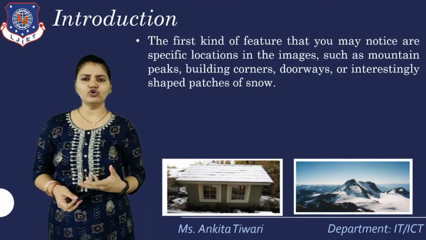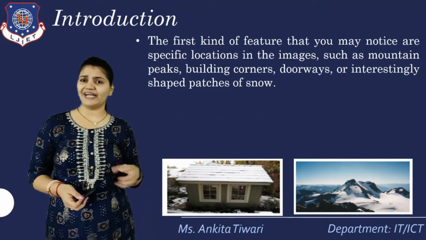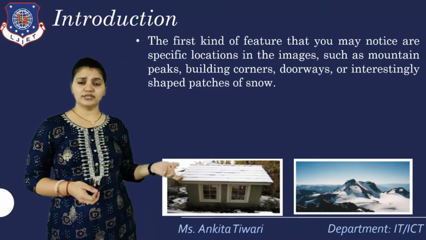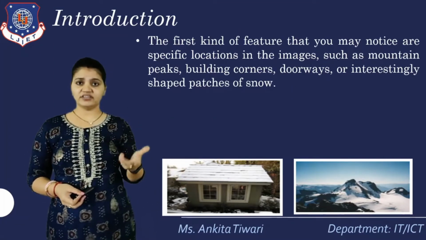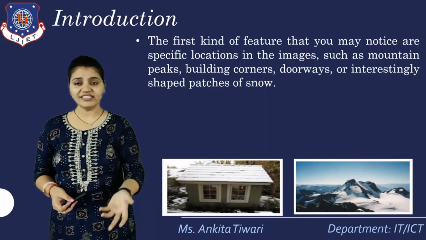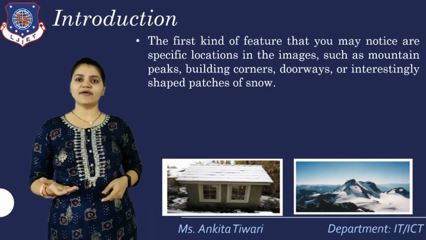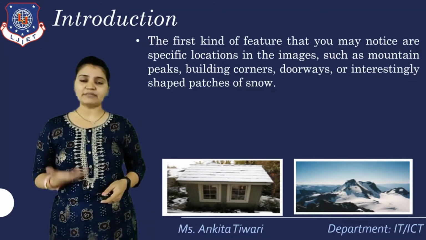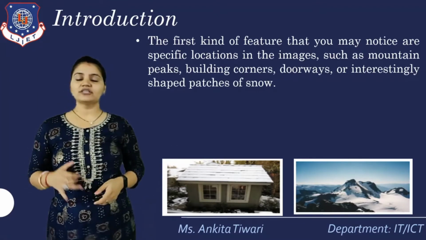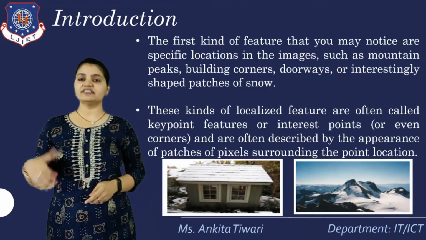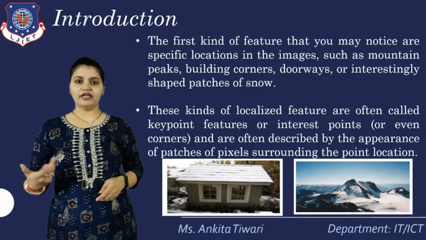The doorways can also be a feature, as can building corners and mountain peaks. So these are the various feature detectors that we have in order to see in any image.